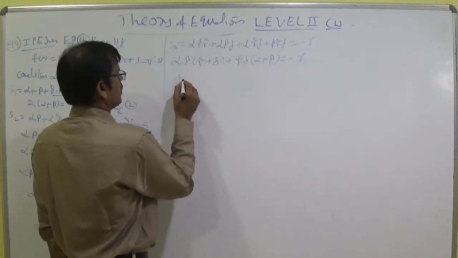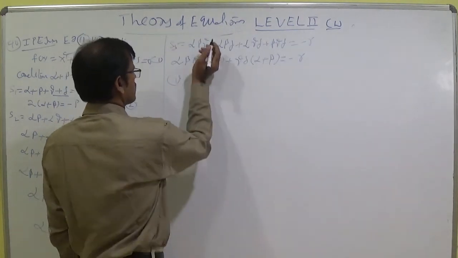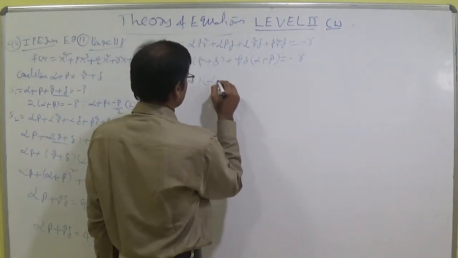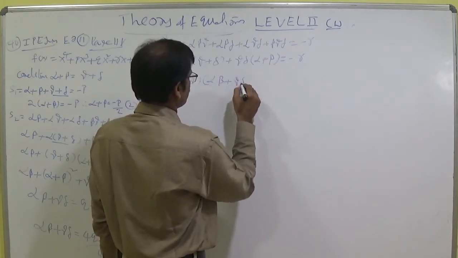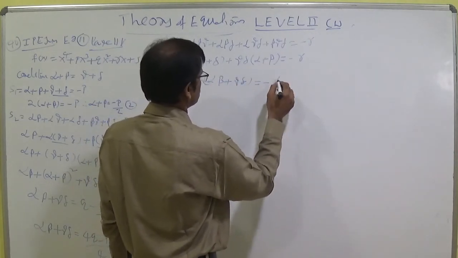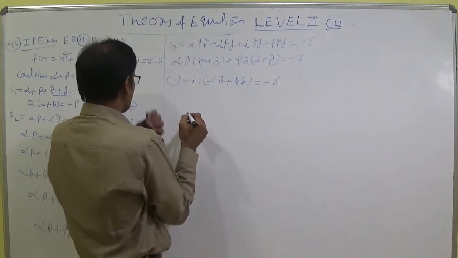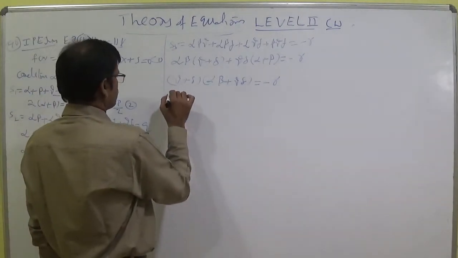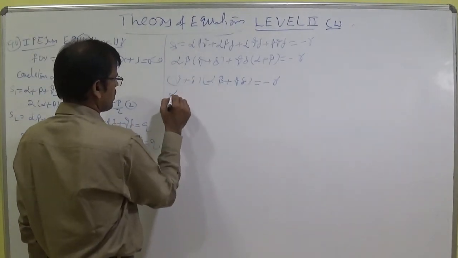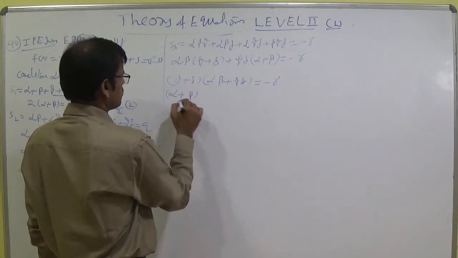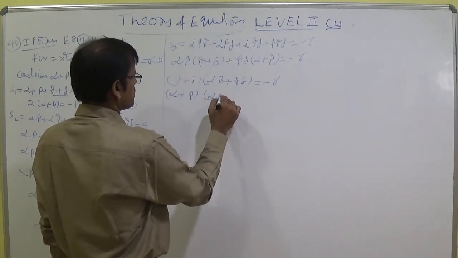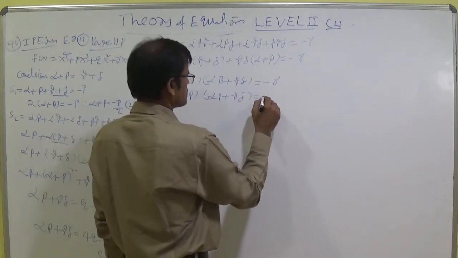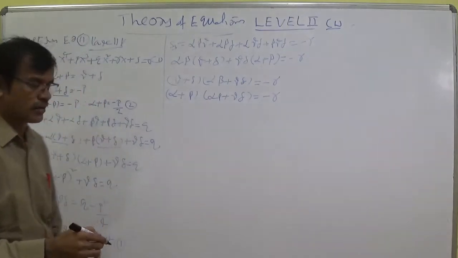Now once again gamma plus delta you can take common here. Within the brackets you can write alpha beta plus gamma delta is equal to minus r. So gamma plus delta is nothing but alpha plus beta. Now from 2, next step I am writing gamma plus delta is nothing but alpha plus beta into alpha beta plus gamma delta is equal to minus r.